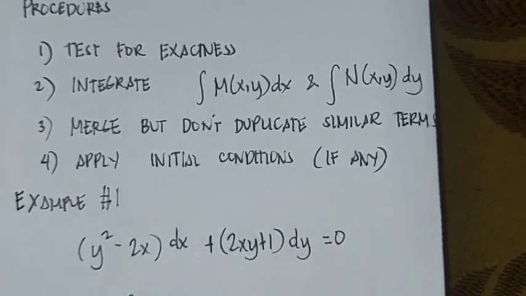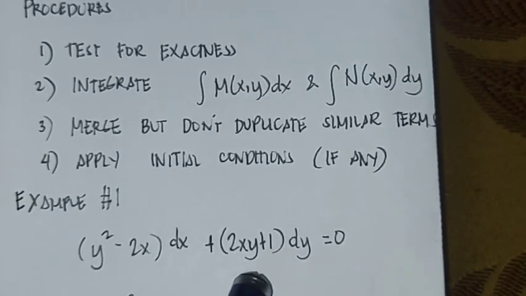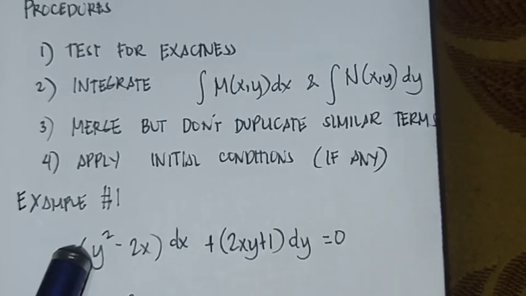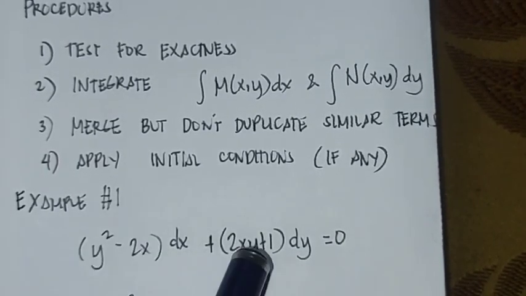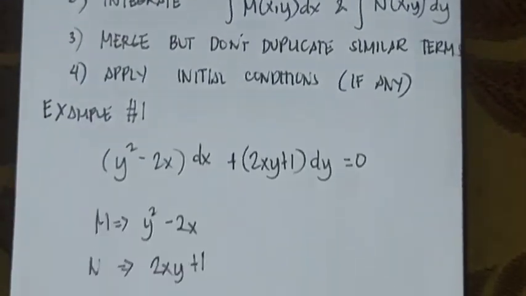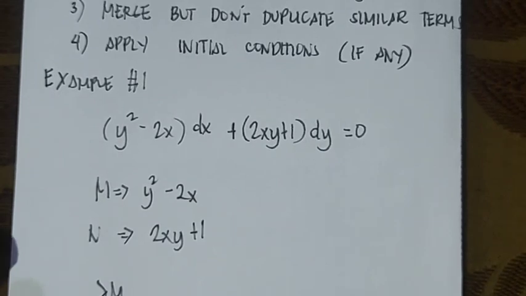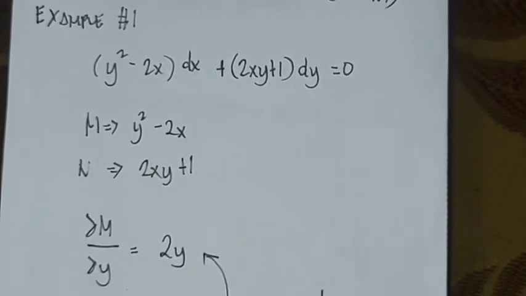So, anong unang test? Since ito is naka-standard form naman, so function of x and y meron dito. May function of x and y din dito, tas dx, dy. So, kunin natin yung partial ng M with respect sa y, and then partial of N with respect sa x, para matest natin yung exactness. So, ito na napili natin, di ba? M is equal to y squared minus 2x, and then N is equal to 2xy plus 1. So, pag ginawa natin yung partial ng M with respect sa y, ang sagot is 2y.